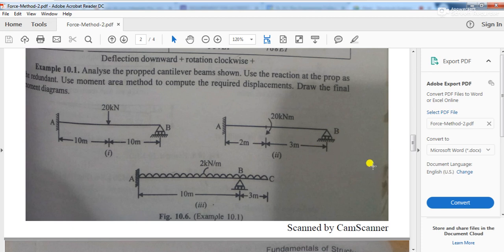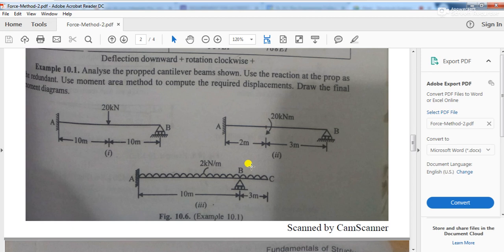If the structure is 1 degree indeterminate, then how many redundants will be there? For an indeterminate structure of degree 1, how many redundant forces?